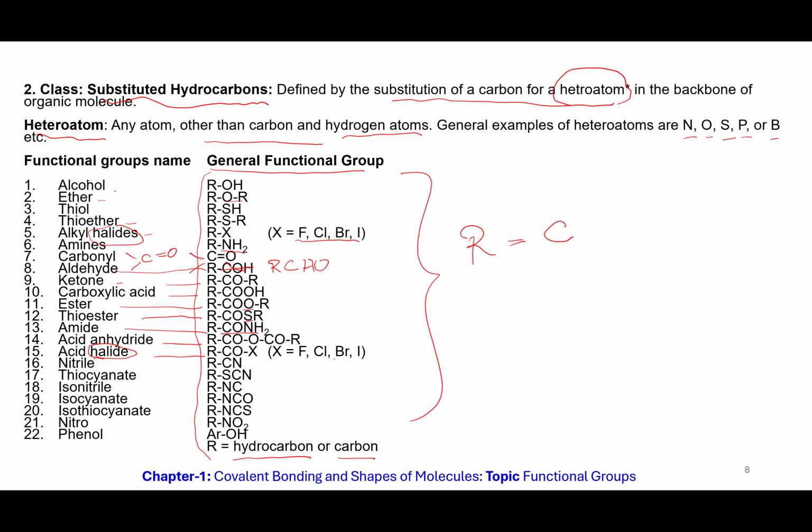So halide means halogens. Nitrile RCN, thiocyanate RSCN, isonitrile RNC, isocyanate RNCO, isothiocyanate RNCS, nitro group, which is the RNO2 group, and phenol when the OH group is attached with the aromatic ring.